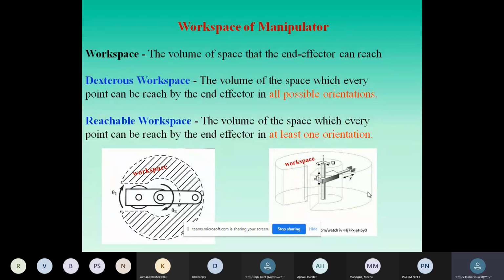Reachable workspace is the space in which a point can be reached by the end effector in at least one orientation. Suppose that at a boundary point, it is only called reachable workspace. It is not dexterous workspace.